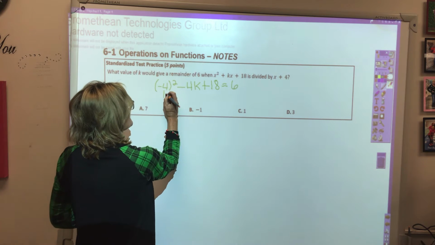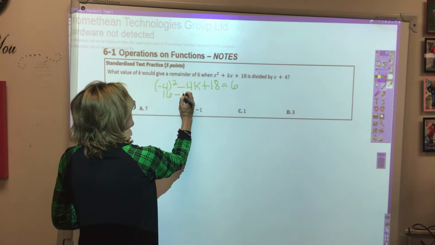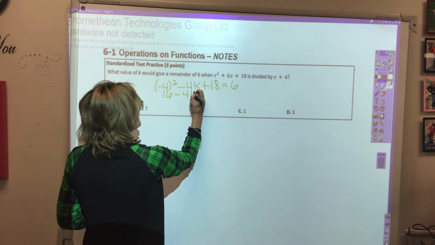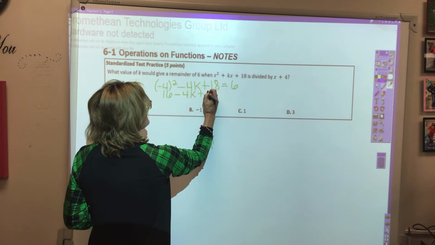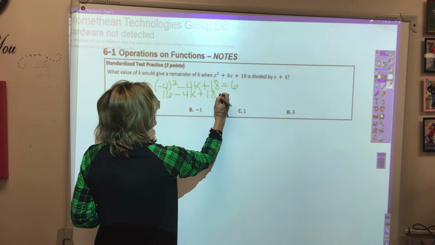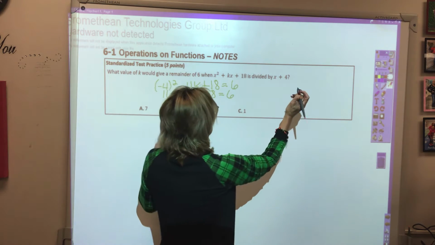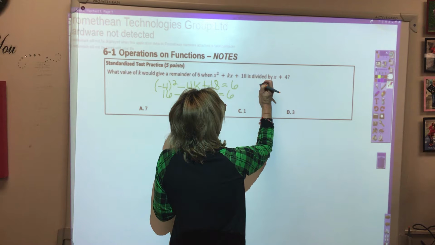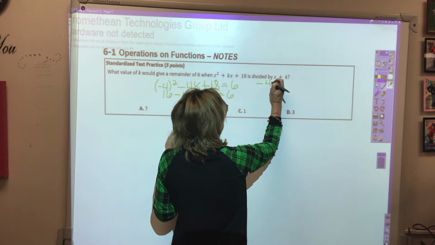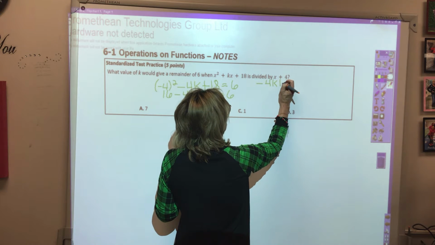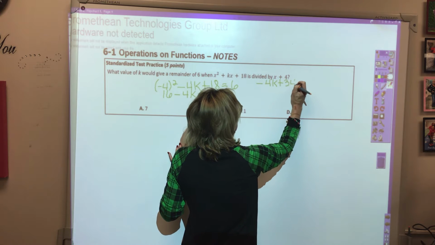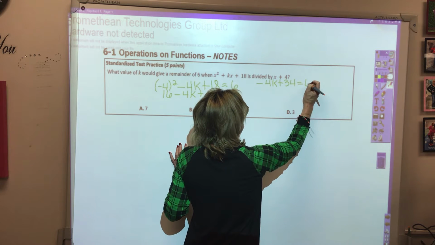We'll have 16 minus 4k plus 18 equals 6. So let's add 16 and 18, that would be 34. So we'll have -4k plus 34 equals 6.